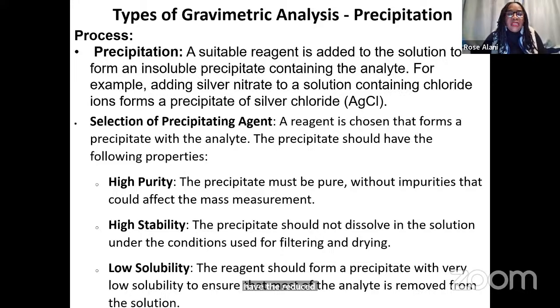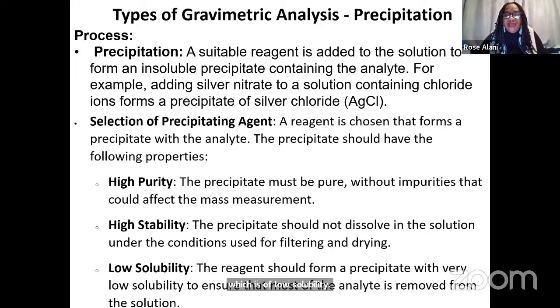Then also your precipitate must be of low solubility. So if you have selected your precipitating agent well, so that it will precipitate everything out, and the precipitate comes out with the good property, which is low solubility, then this is good.